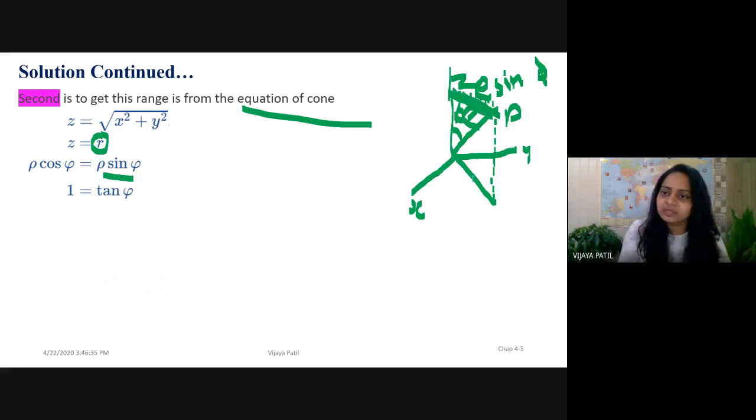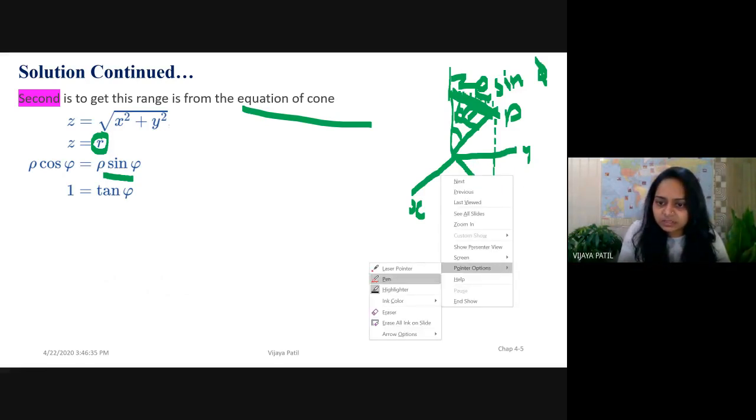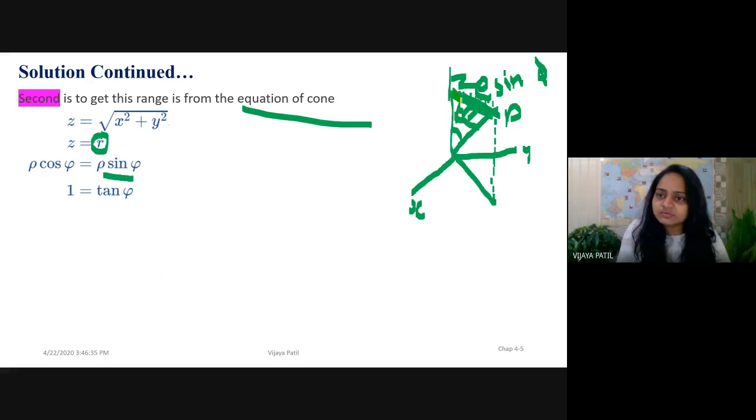The same thing will happen here. If you observe, this is rho sine of phi. Similarly, this is also rho sine phi, because this is a rectangle and opposite sides of a rectangle are equal. But when I put the perpendicular on the x-axis, what is this?